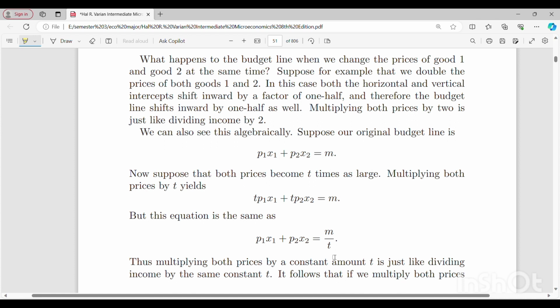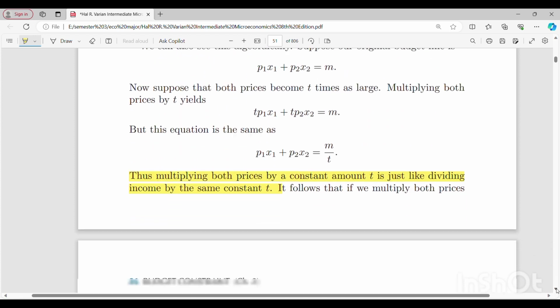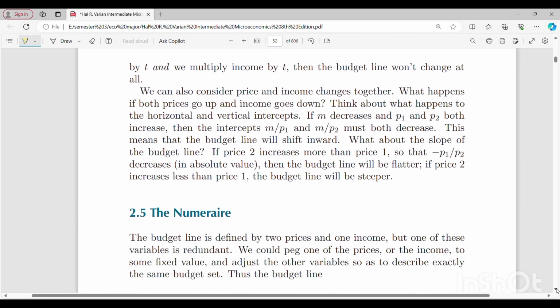So multiplying both prices by a constant amount t is just like dividing the income by the same constant t, and this is called balanced inflation. Okay. So here the budget line won't change.